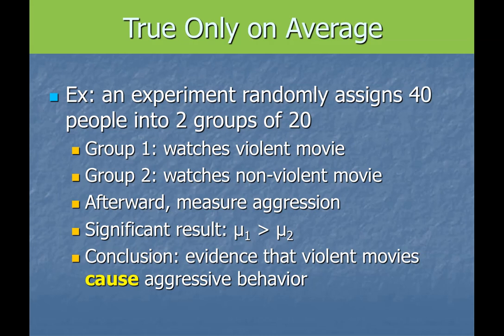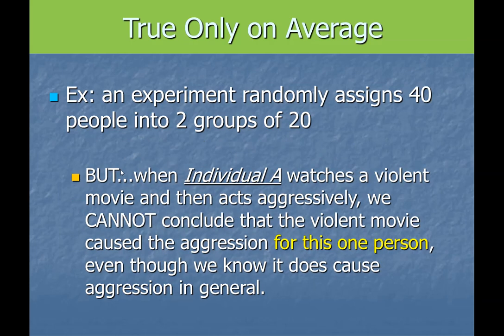This is how those results would be written up. Maybe we would want to go back and replicate it with a larger sample size and do all those other things, right? But assuming we repeat this over and over, with the same procedure, we have good evidence eventually that violent movies cause aggressive behavior, because we find that group difference, the average difference between all the people who watch violent movies and all the people who watch non-violent movies.